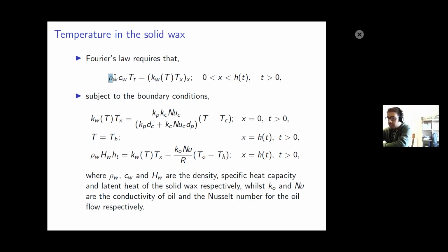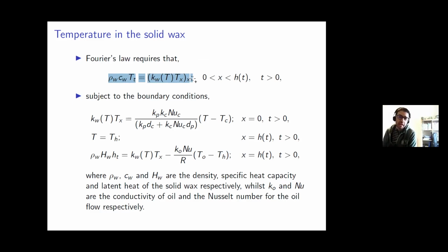Now, there's a substantial difference between this particular partial differential equation and the linear partial differential equation for the temperature in the pipe wall. This partial differential equation here would have had an equation number next to it, but it's too wide, so I couldn't fit it on the slide.